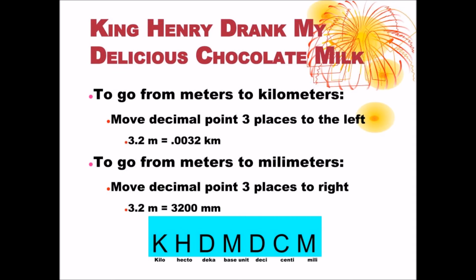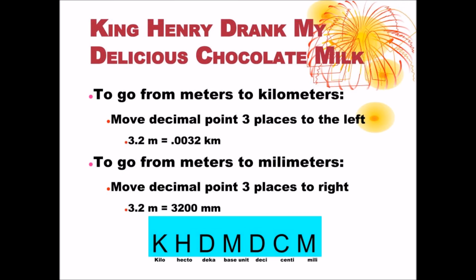So if I wanted to convert from meters to kilometers, meters is in the center of the mnemonic. Going to kilometers would be a movement to the left by 3 spaces. Therefore, I would take my decimal point and move it 3 spaces to the left.